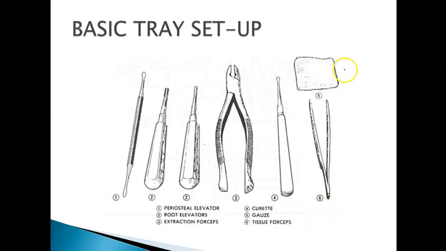And then we have, which may or may not be on some setups, your tissue forceps. It resembles the cotton pliers, except instead of being curved at the ends, it is going to be straight. And that just allows us, if we need to, to hold the tissue away or something like that. It just helps us to get a better grip of the tissue without injuring it.